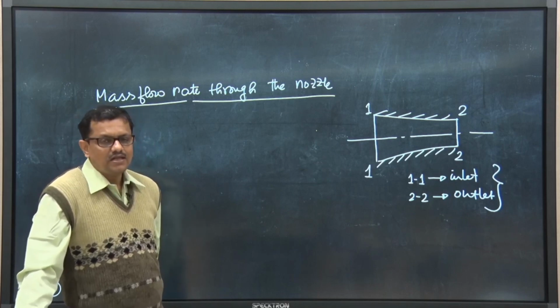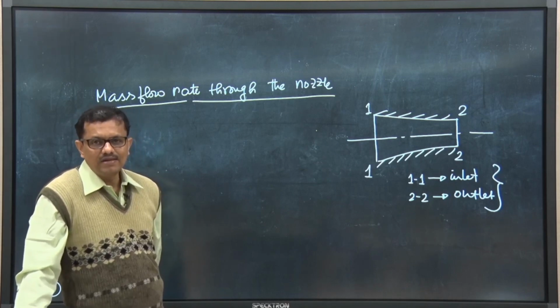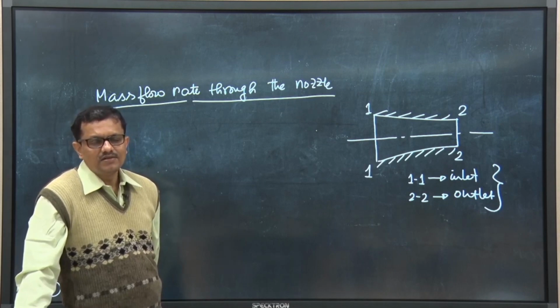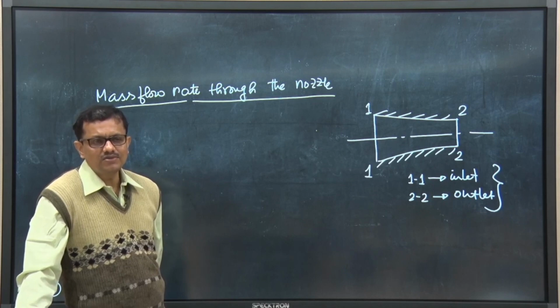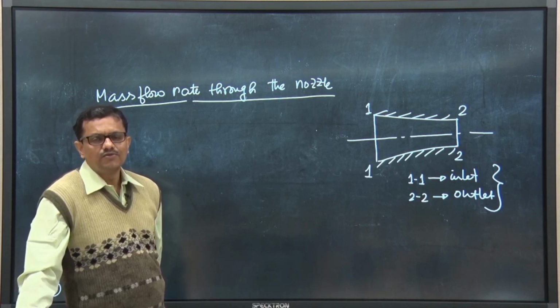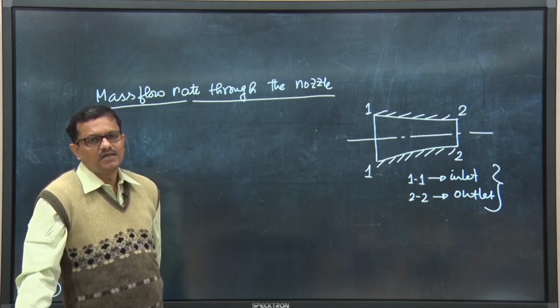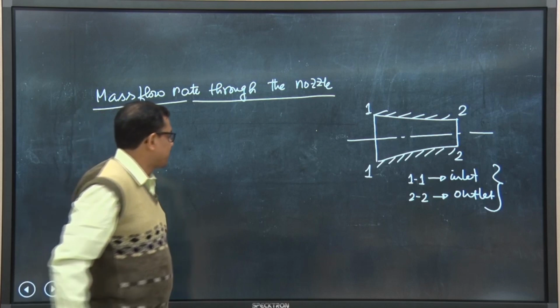That is, the flow is one dimensional, there is no heat interaction between the system and surroundings. When there is a flow of steam through the nozzle, there is no heat loss from the flowing steam through the walls of the nozzle to the surroundings, and frictional effect is neglected.